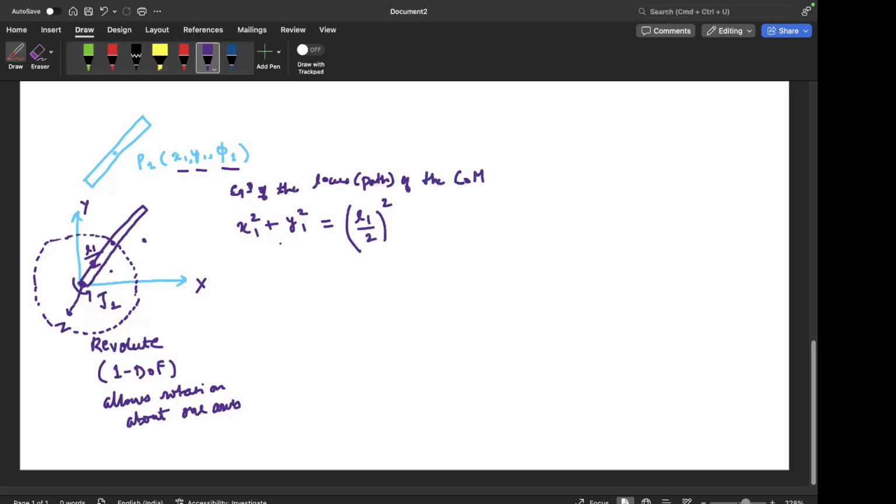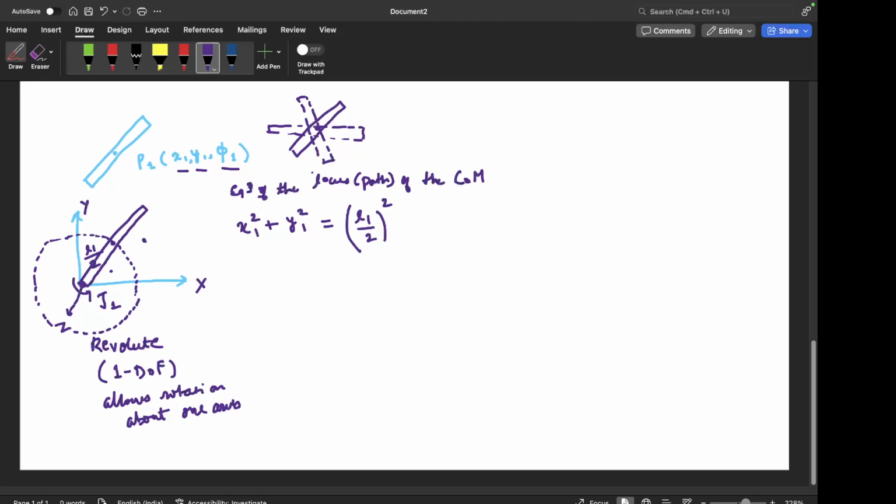So that's one relation between x1 and y1. Now that also gives us another relation. Earlier we could have placed the robot at a certain x1 and y1, and we could have independently changed the orientation of the link. So if I keep the robot here only, at this point itself, I can independently change the orientation of the robot and do like this, and maybe put it like this, right?